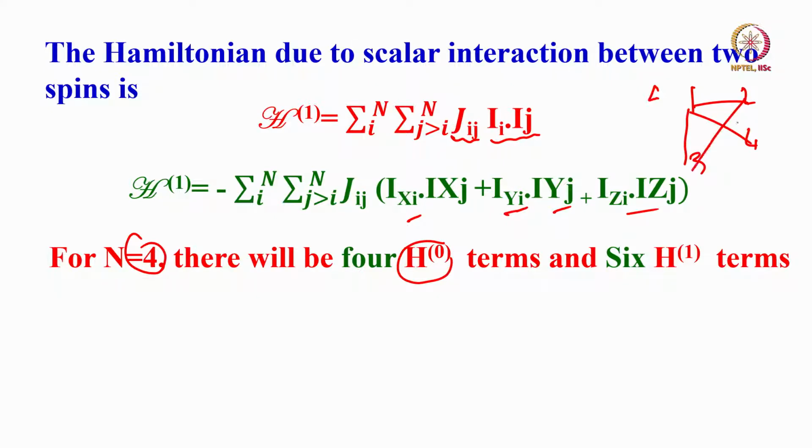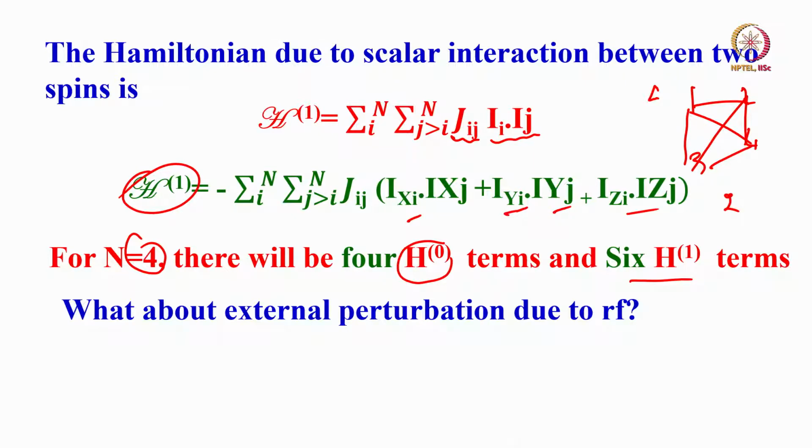Similarly, 2 can interact with 3, 2 can interact with 4, 3 also can interact with 4. So, essentially we have 6 H1 Hamiltonian terms. If I consider 4 interacting spins, I have 4 H0 terms and 6 H1 terms. Right now, we are dealing with 2 spins, we have 2 H0 terms and only 1 H1 term.